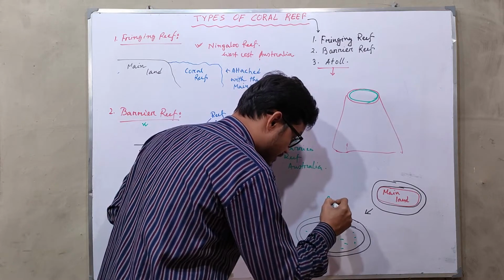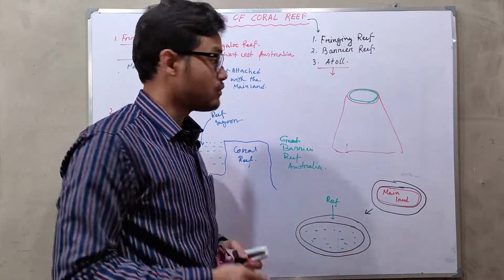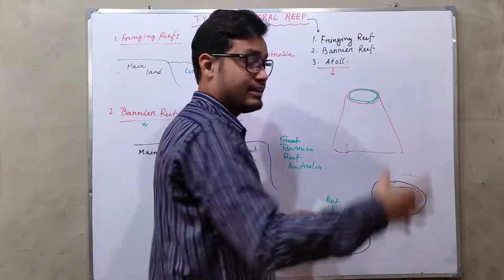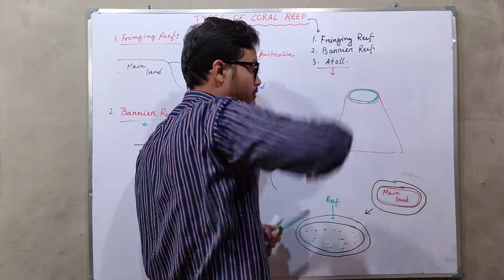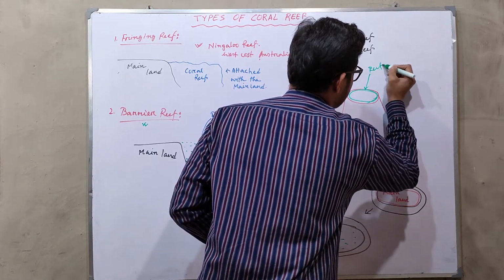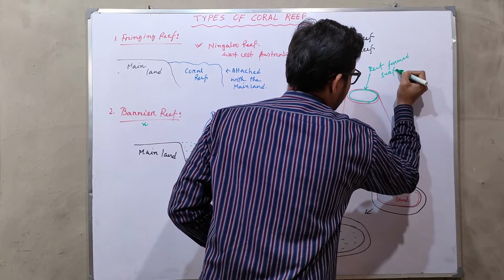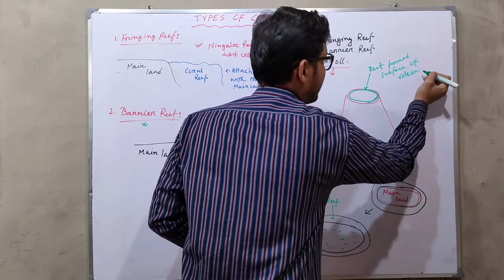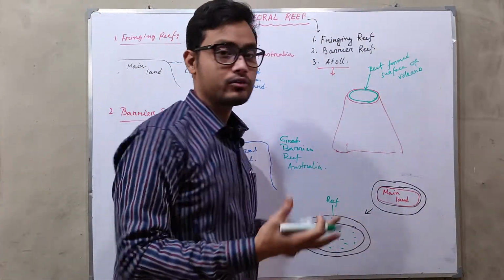This is known as an atoll. Similarly, if there is a volcano inside the ocean, the reef is formed on the surface of the volcano, and whenever the volcano becomes submerged into the water, the reefs appear on the upside.